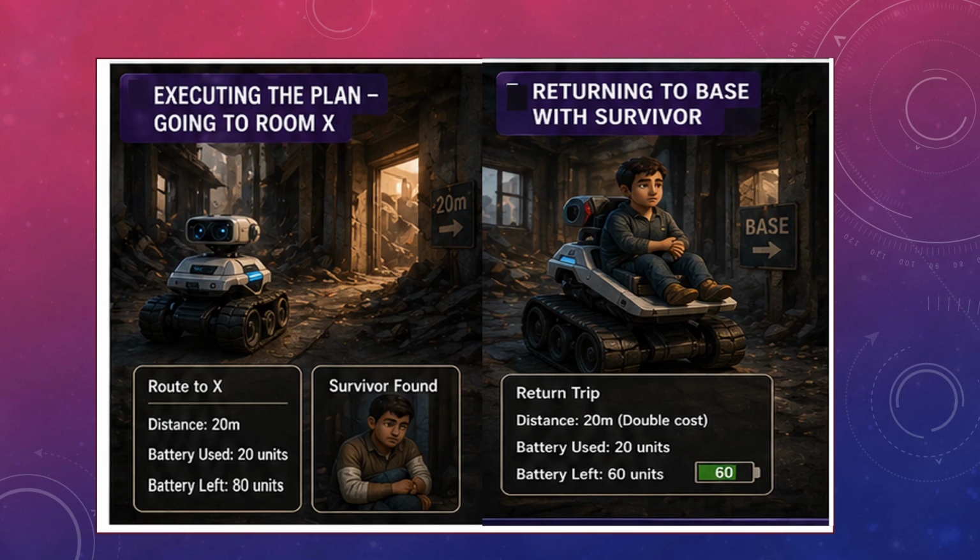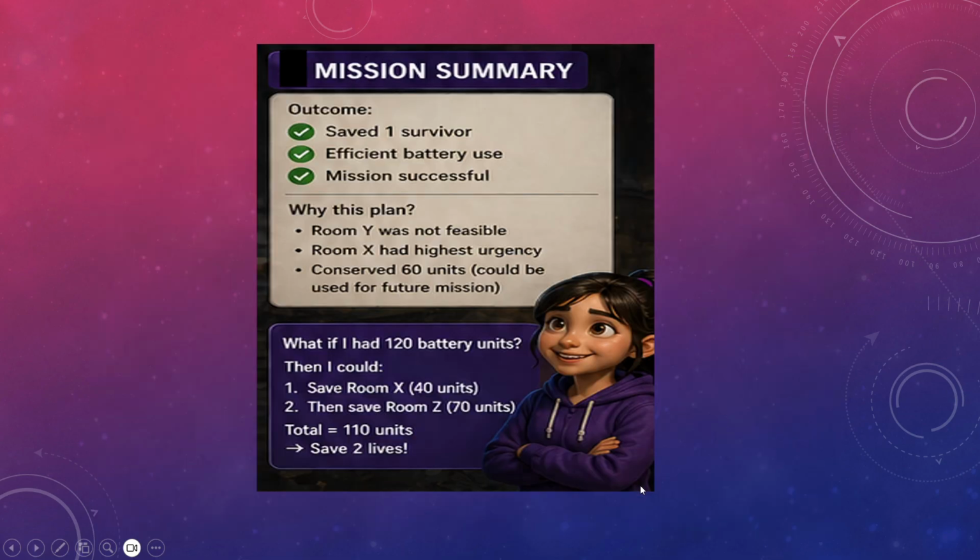It would save the person in room X, and it still has 60 battery units left. Our mission summary: we have saved one survivor, used our battery efficiently, and successfully completed our mission. Why this plan? Because room Y was not feasible, room X had the highest urgency, and we conserved 60 units which we can use for a future mission.